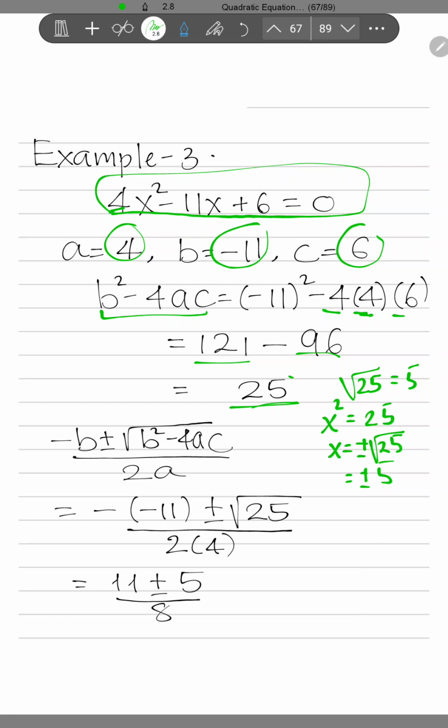So now we have b squared minus 4ac, square root of 25, minus b. b is minus 11, minus b is minus 11, which is plus 11.